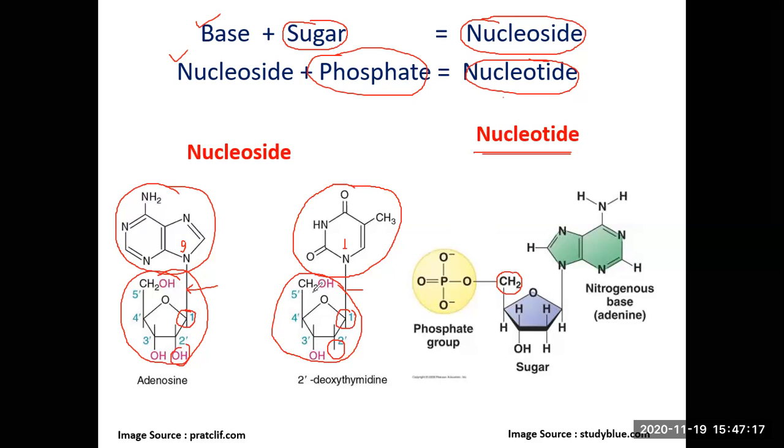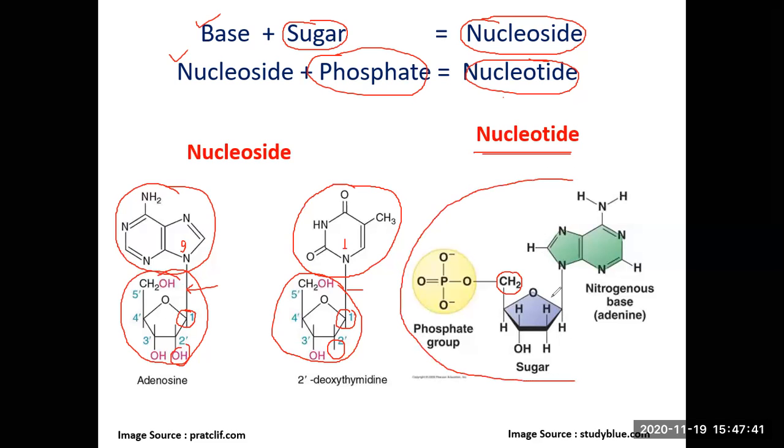The hydroxyl group of carbon number 5 of the sugar is the most common site of esterification of the phosphate group. So the phosphate group comes and binds here. A bond is formed between the phosphate group and the hydroxyl group of C5 of ribose. And so the resulting compound is called a nucleotide.